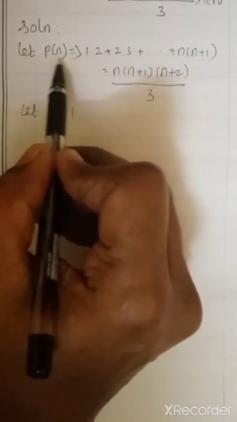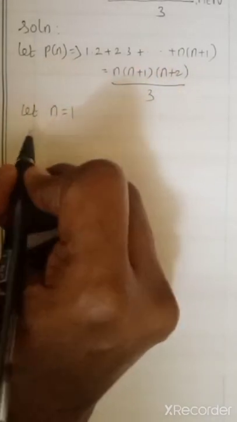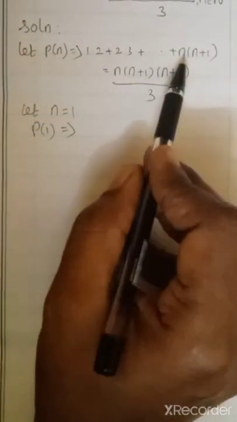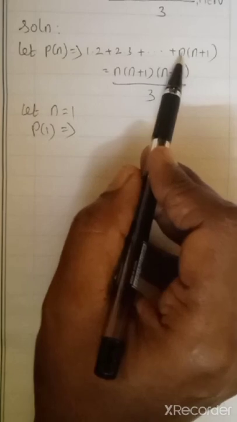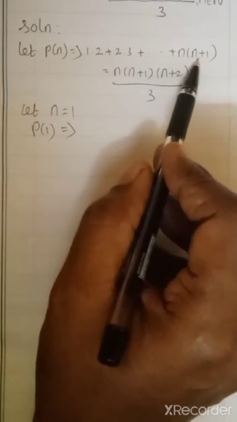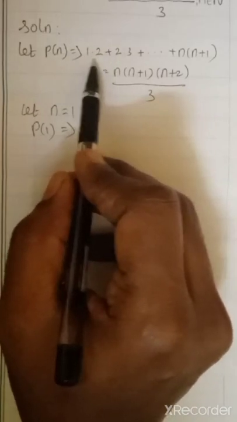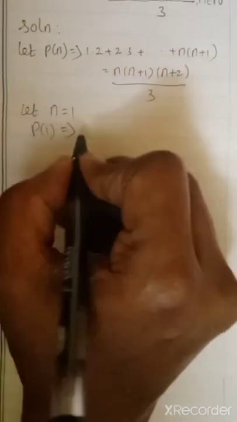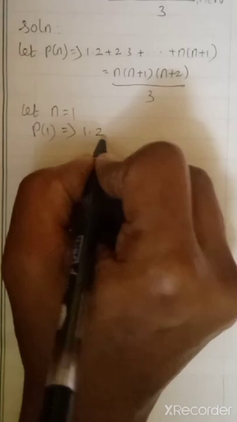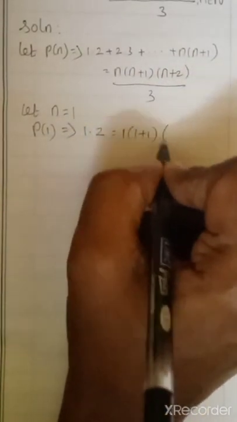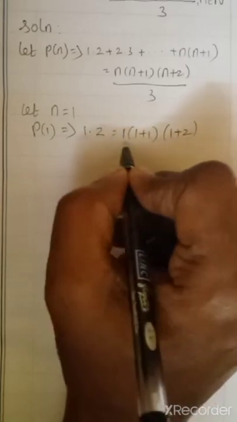So this is P of 1, correct? So P of 1 implies, what are we going to put in place of this n? Only 1. So here 1, and here what comes? 1 plus 1 is 2. So 1.2 is the term we have to stop at. So 1.2 equal to the right hand side, 1 plus 1 plus 2 divided by 3.